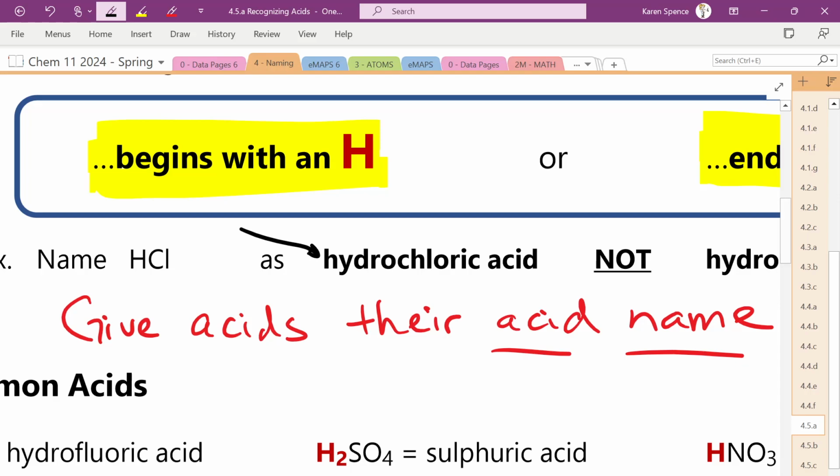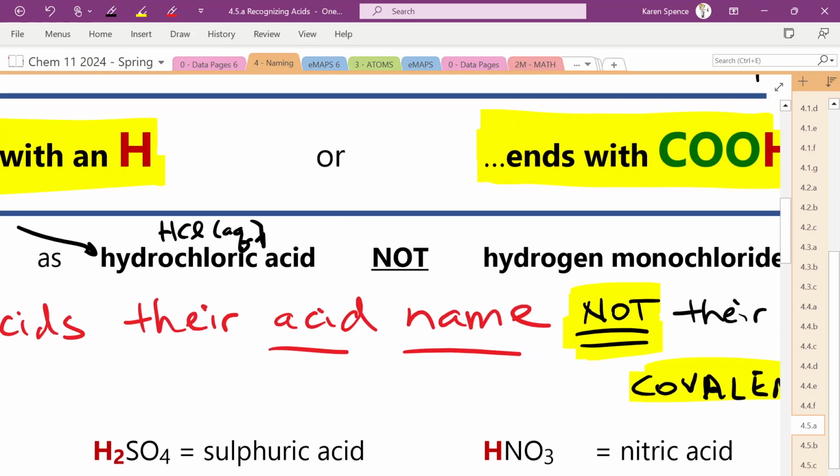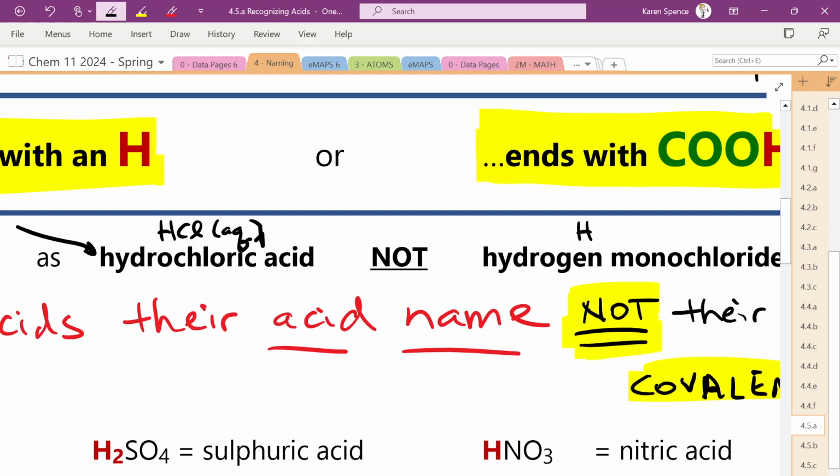To be truthful, both names are correct. When we have HCl aqueous, that's going to be the acid. If you have HCl gas, it's going to be hydrogen monochloride, but I don't expect you to know that at this point. So anytime in this unit, if you see HCl, name it by its acid name, okay?